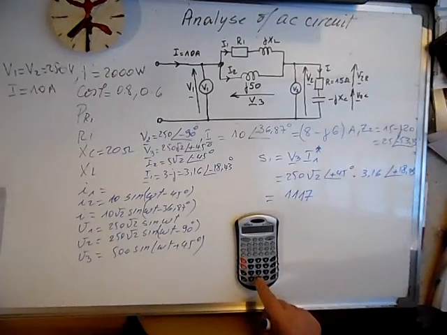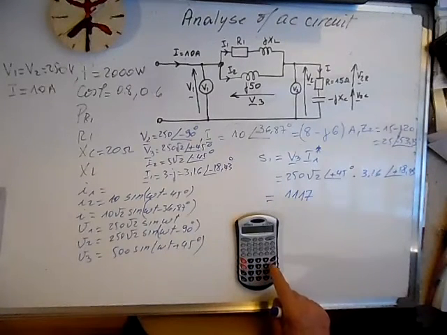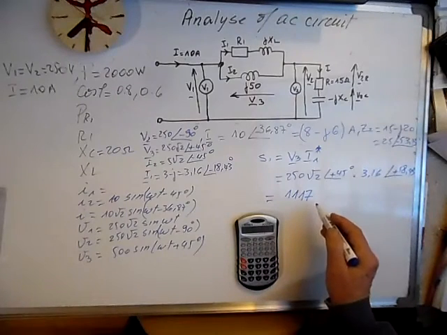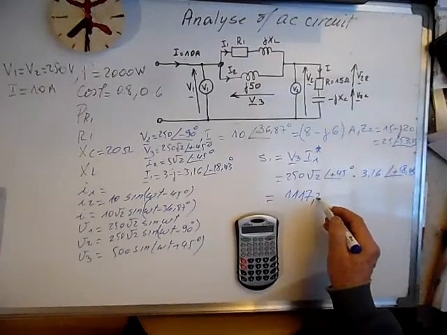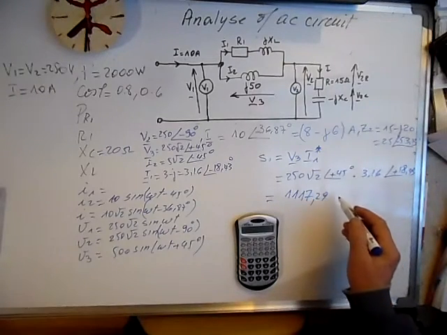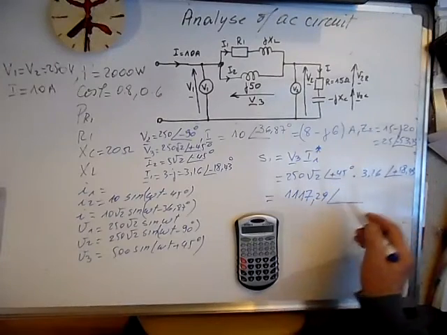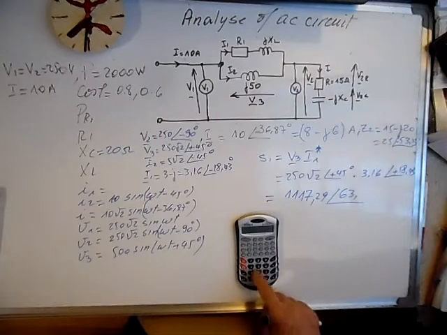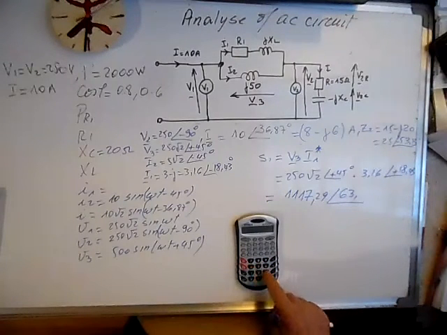I will do it again because 250 times 3.16 times square root of 2 is equal to 1117.9, and this is the apparent power, and the angle is 63.43, 18.43 plus 45.